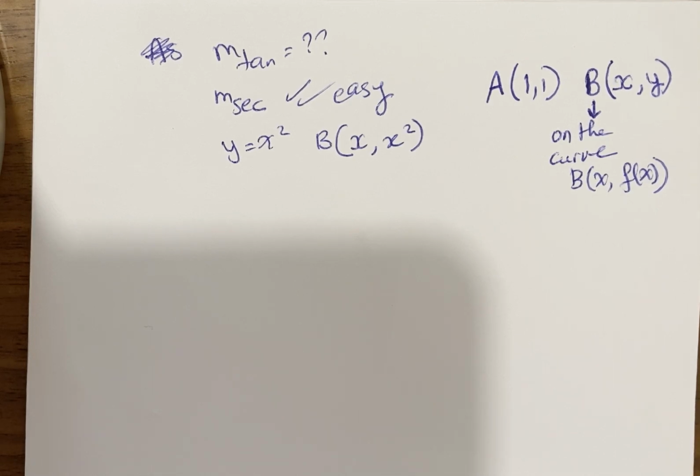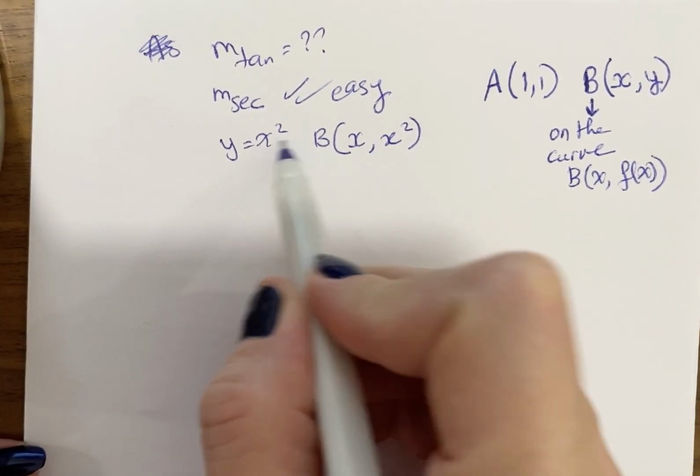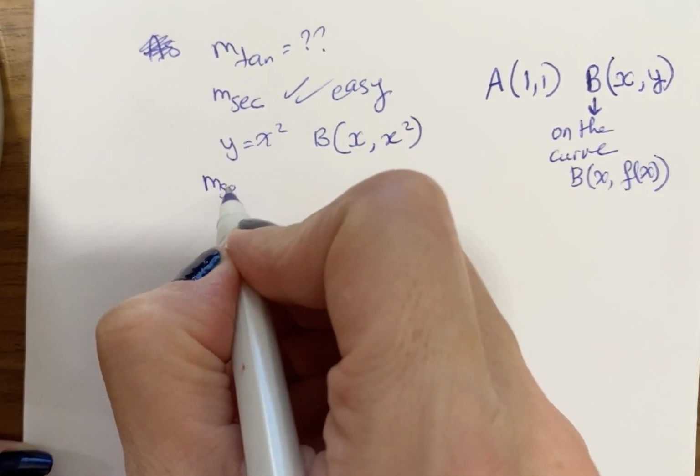So now what do we have to do? Now we have covered the whole idea. So what do we have to do now? We have to find the slope of the secant. It's easy.